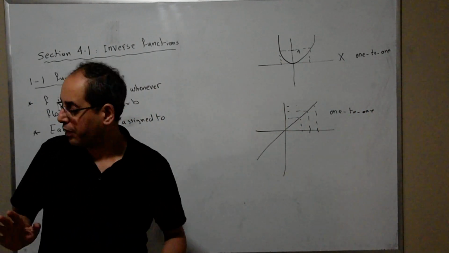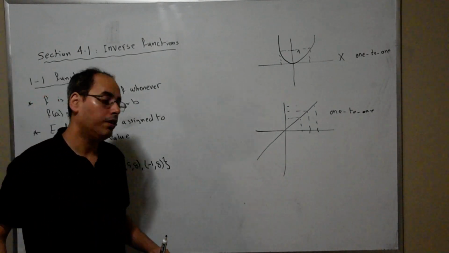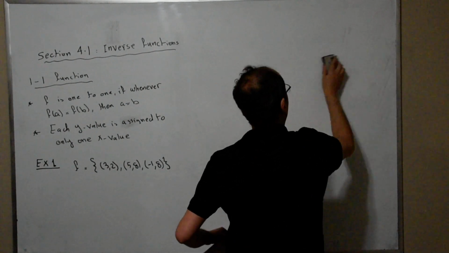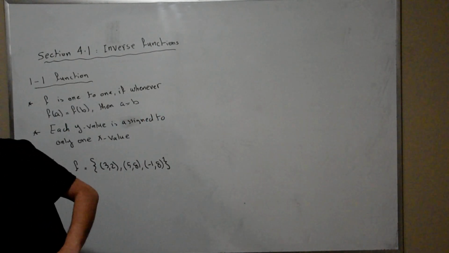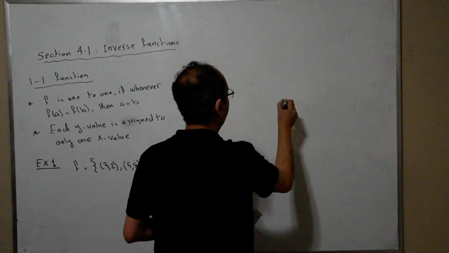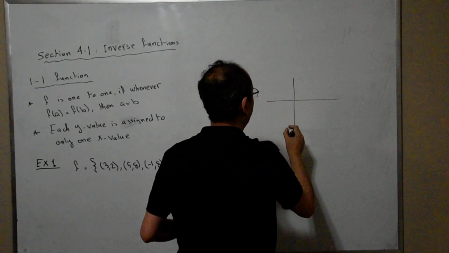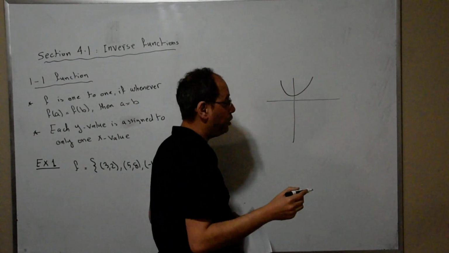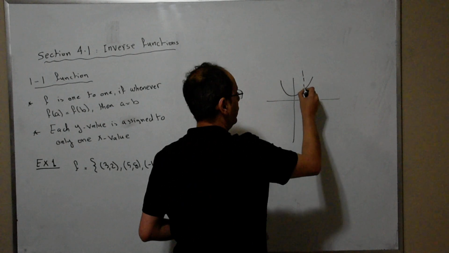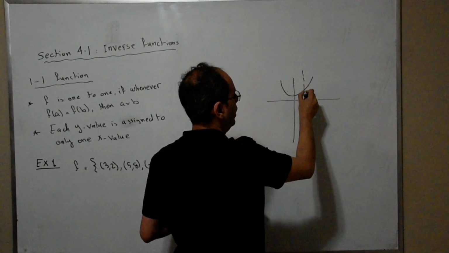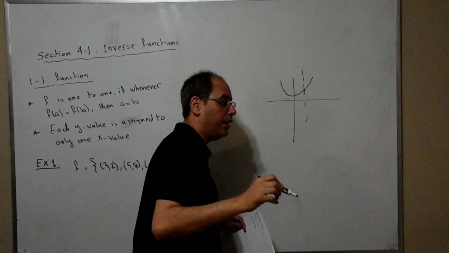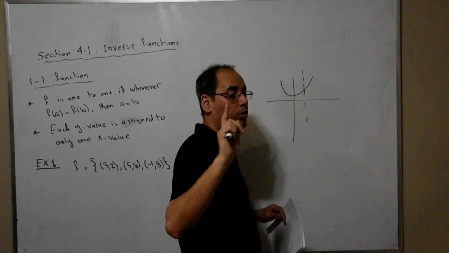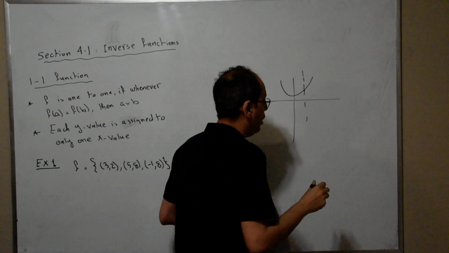If we compare and contrast how to test a function by the vertical line test, we have two ways. For a function, we use a vertical line as a test, and if the vertical line intersects the relation in more than one point, that wouldn't be a function.